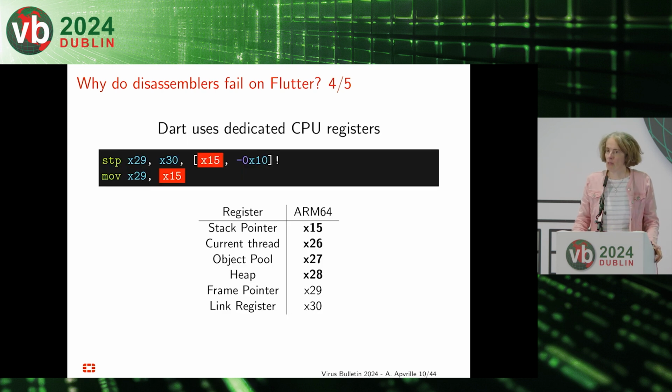Yet another difficulty is that Dart is using specific CPU registers. If you have reversed Go, for instance, the same mechanism occurs there. If we have a look at those two lines, if you don't know that x15 is the stack pointer, it's a little bit obscure.